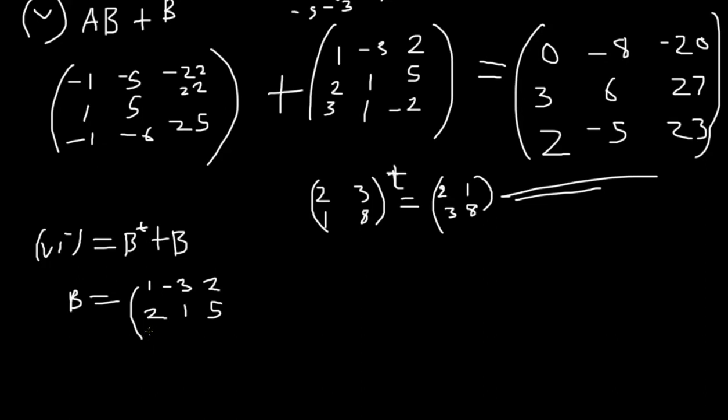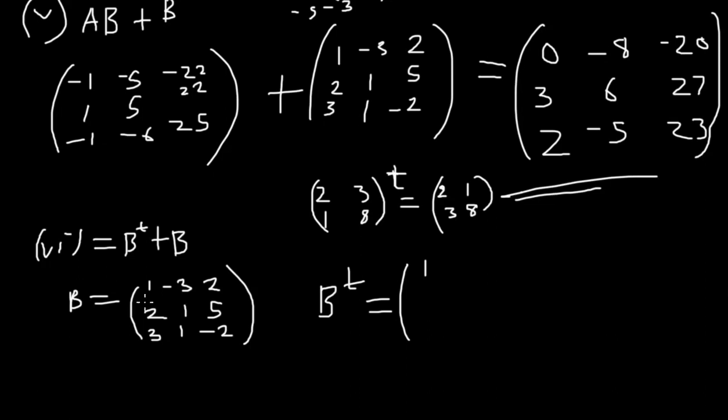And then we have 3, 1, negative 2. So if this is our B, B transpose will be nothing but everything that is in this row, you put them in the column: the first row, first column, second row, second column, and then third row, third column, like that.